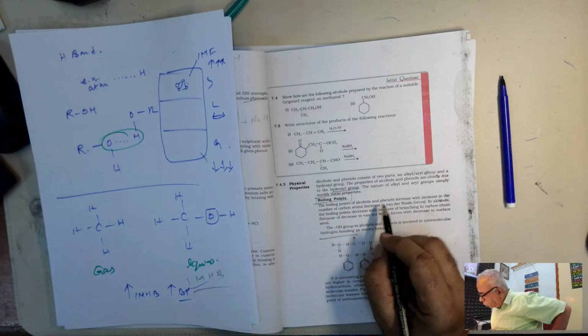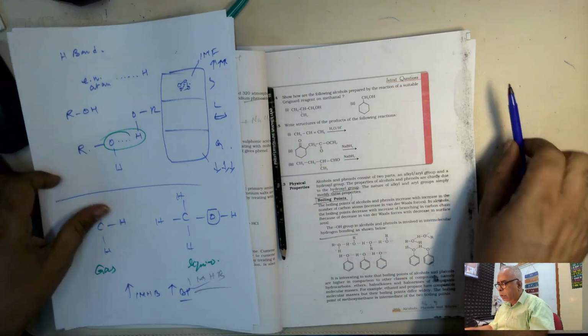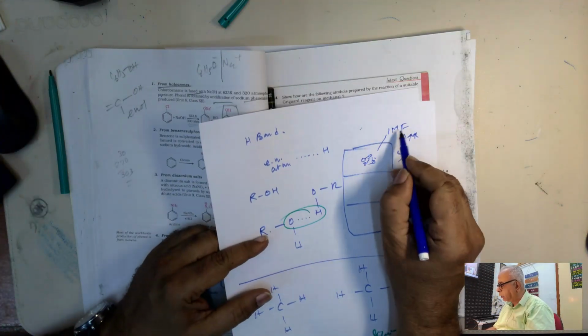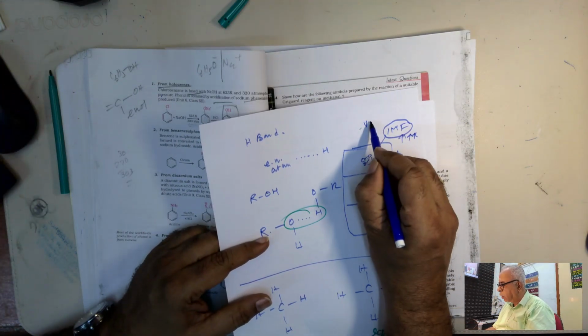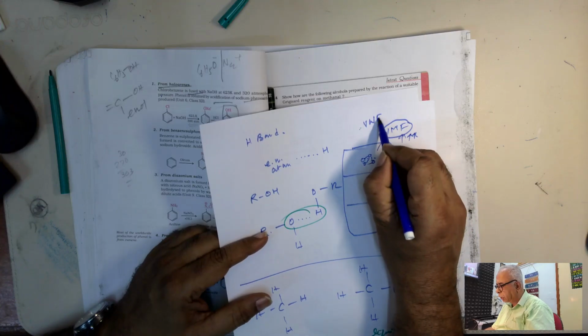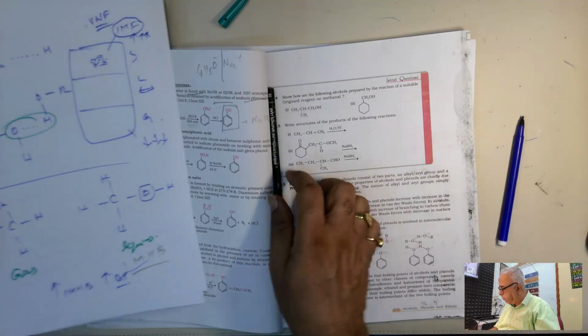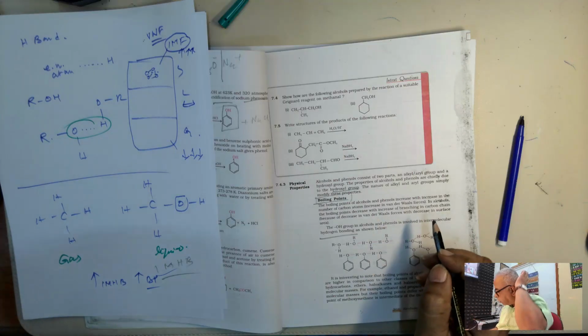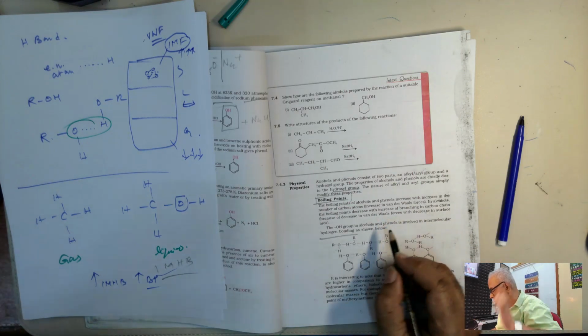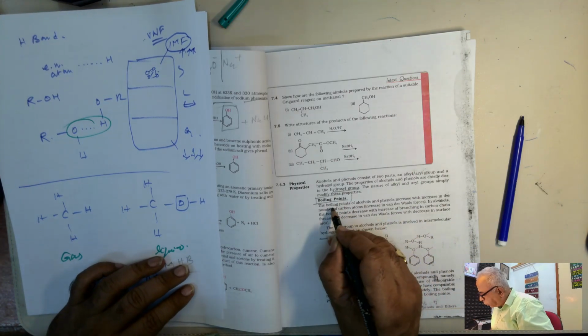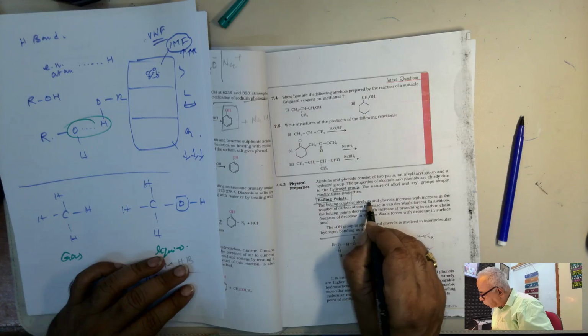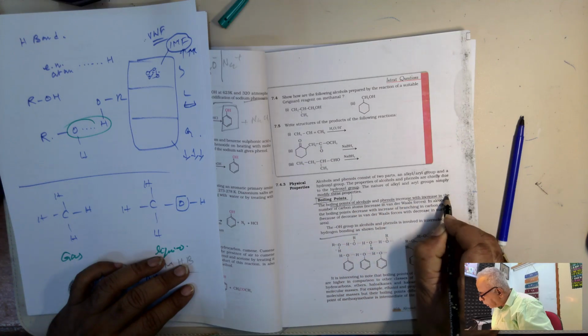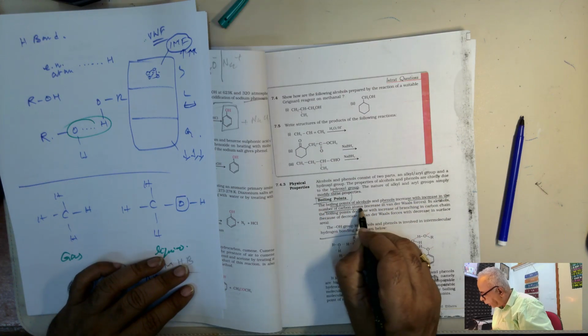Now, I was talking about intermolecular force of attraction, and that is nothing but van der Waals force of attraction. The boiling point of alcohols and phenols increases with the number of carbon atoms.